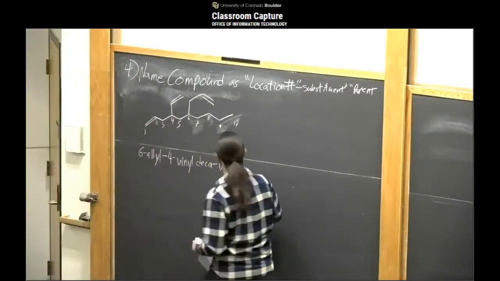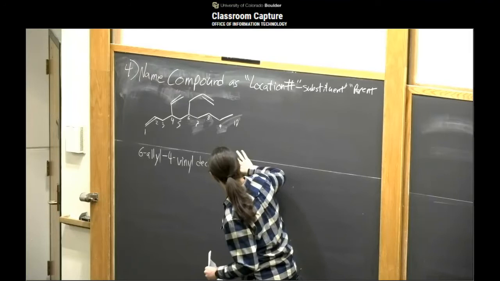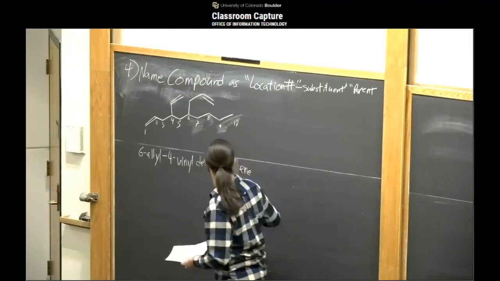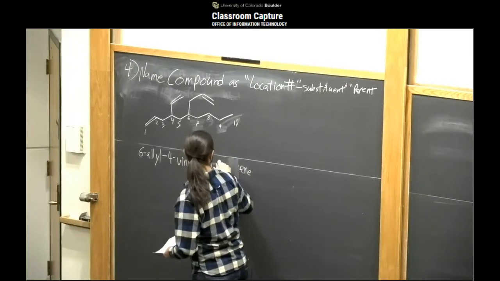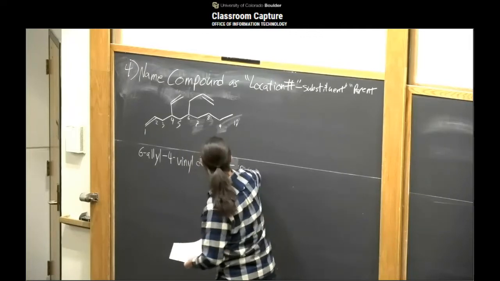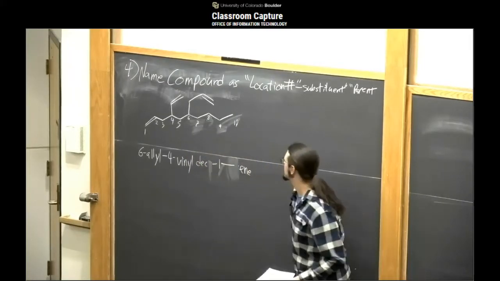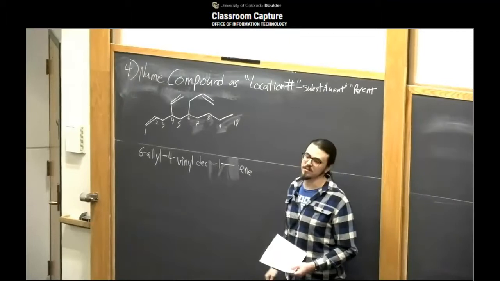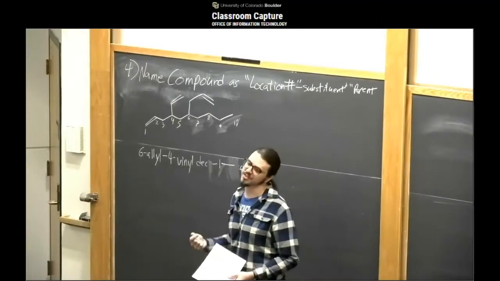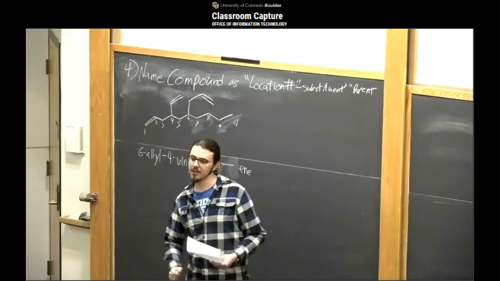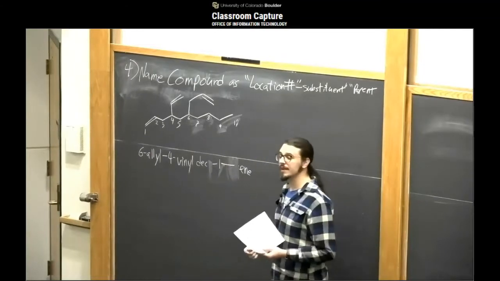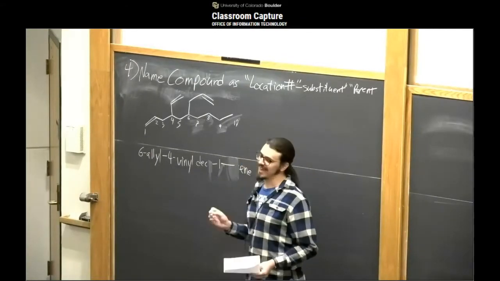We would modify this name. We would remove the 9, and then we would remove the di. And the a. So it would be dec-1-ene instead, if you only have one alkene, because you still need to know where the alkene falls in the chain. Yeah, it would be decene.